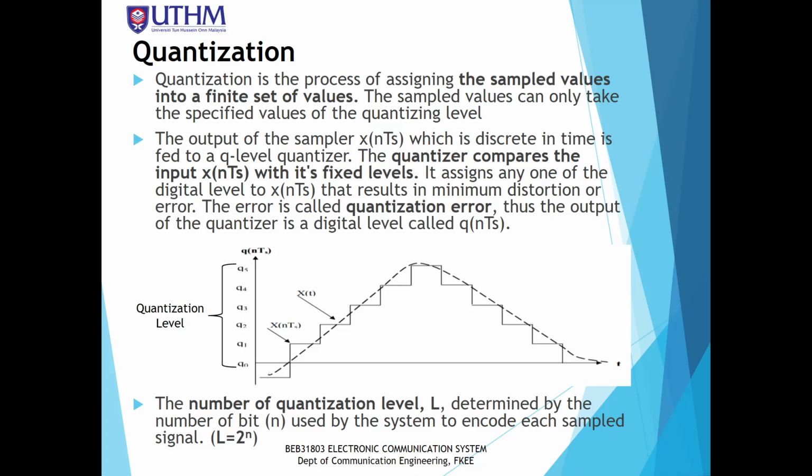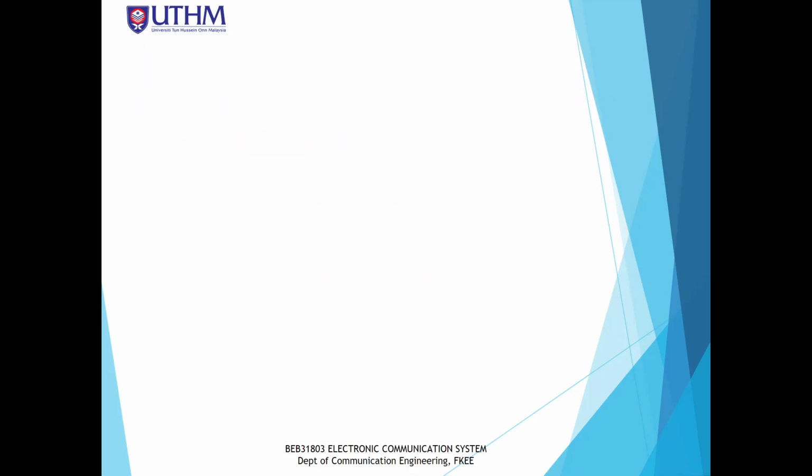First we learned about the sampling process, where we take samples from the analog signal and change it from a continuous time signal into a discrete time signal, which is the pulse amplitude modulation signal. Then we do the quantization, which is the process of rounding the sample value to the nearest quantized level. Maybe we can refresh again what we have learned.